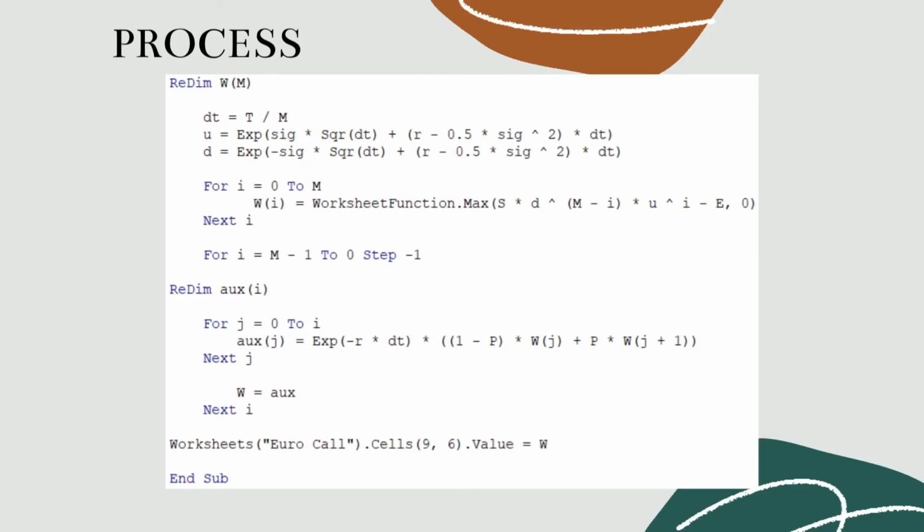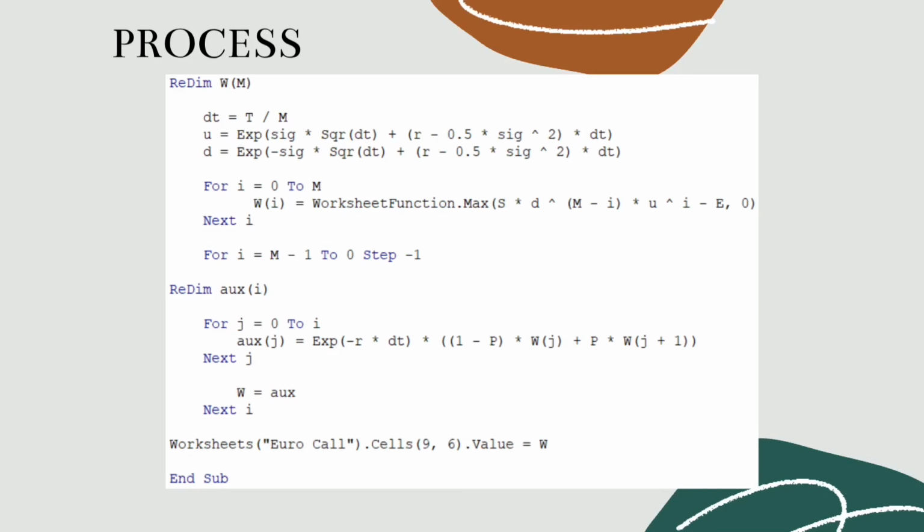The first cycle we create is a vector that contains the maximum between 0 and the stock price, considering the up and down movements, subtracting the strike price. Then, to get to the fair price, we use another variable and another cycle, in which we multiply the probability of decreasing by the first I entries of the vector that contains the maximum obtained in the previous cycle and add it to the probability of an increment times the same vector but from entries 1 to I plus 1.